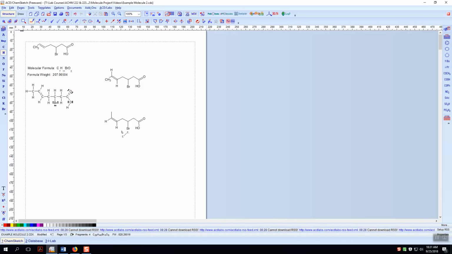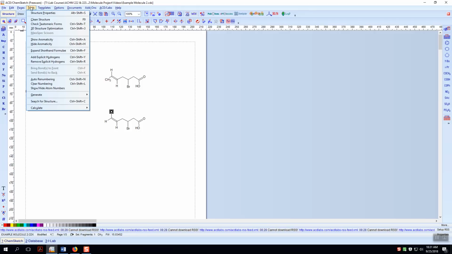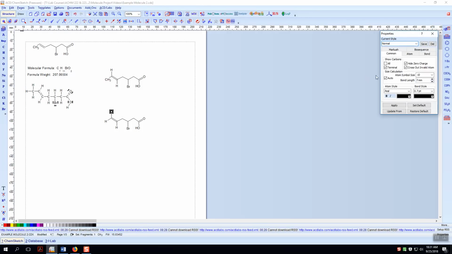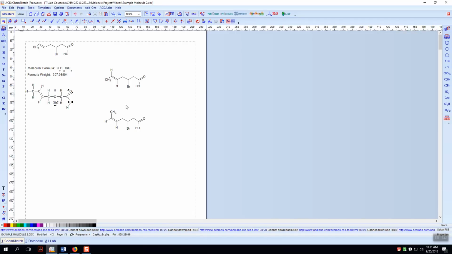And I've noticed that ChemSketch is a little annoying because now CH3 doesn't show. So if you want it to show, go ahead and click on just this atom right here. And then if you go to Tools, Structure Properties, and you click All, and you hit Apply, it'll reappear as a CH3.